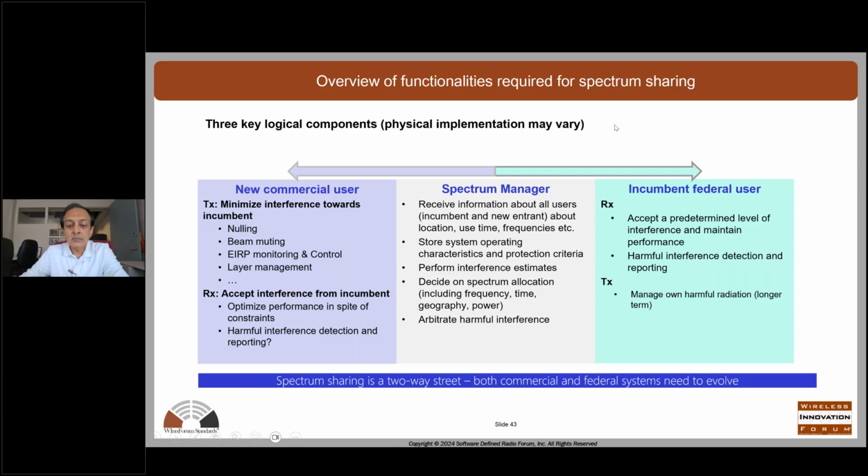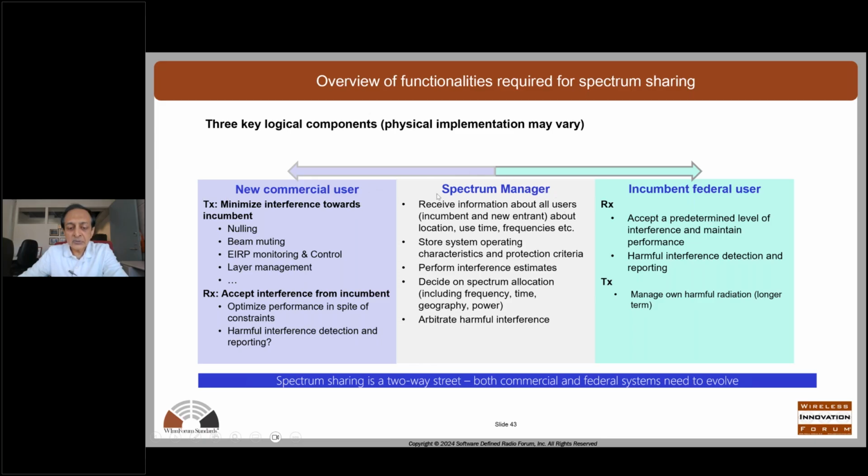Okay, so now a look at the potential system. Again, the physical implementation will be different, but conceptually we're thinking about, say, three functional entities, looking at a longer term implementation. What are the three main entities that need to be key players in this act of sharing? Of course, there is a lot of onus on the new commercial user.